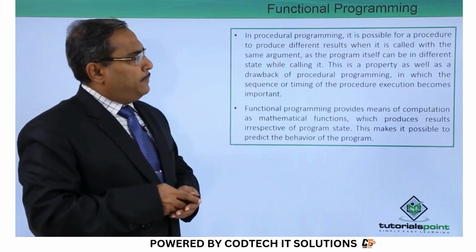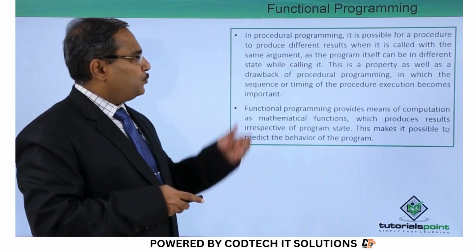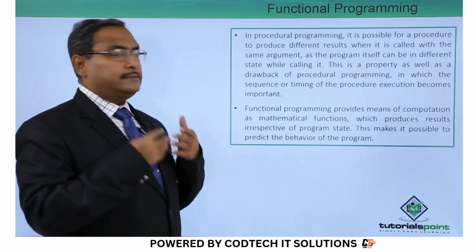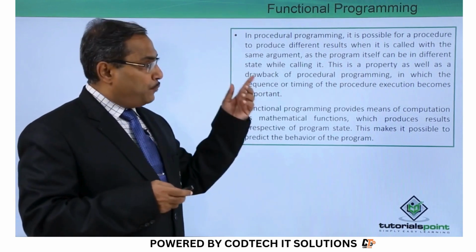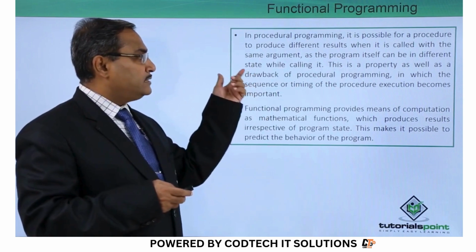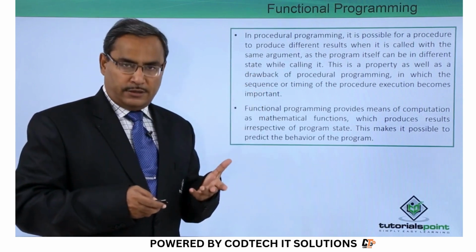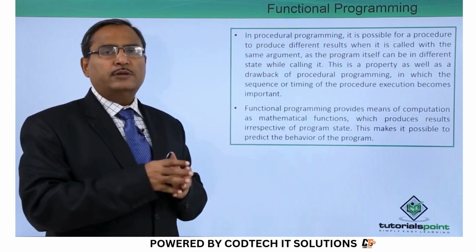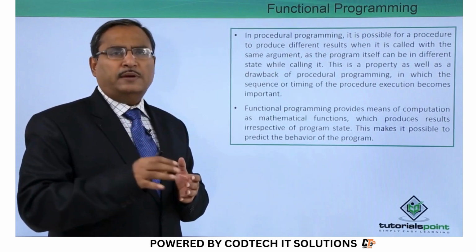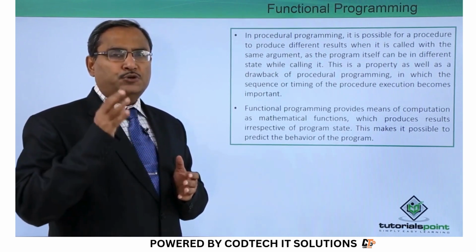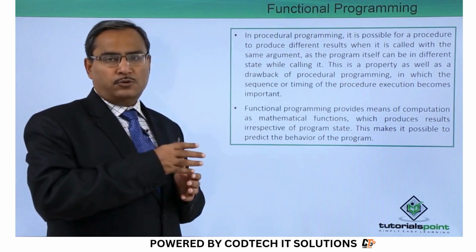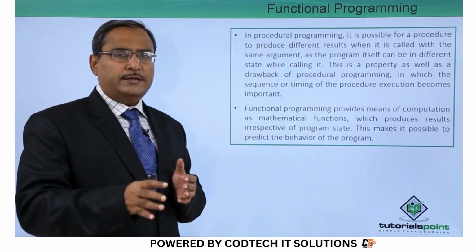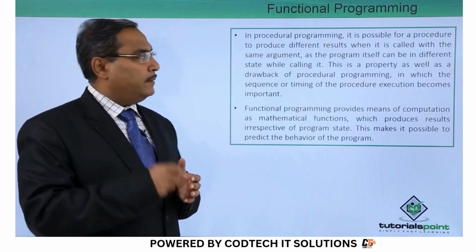In procedural programming, it is possible for a procedure to produce different results when it is called with the same argument, as the program itself can be in a different state while calling it. So it is not mandatory that a procedure returns the same value whenever you pass the same arguments multiple times, because depending upon the state of your program, the procedure may return different values as outcome.